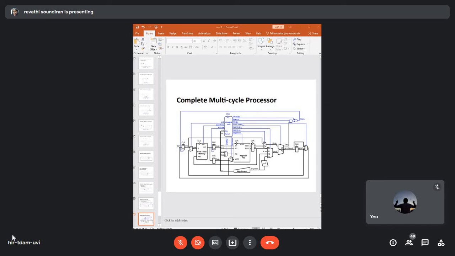Apart from that, compared to the single cycle processor, you have something like your IR write, your instruction register write, memory write, your PC write, your branch and register write. So all of these are the extra main controller signals with respect to your FSM. That is your multi-cycle processor, and similarly you have the function codes related to the ALU decoder also. So this is what the complete multi-cycle processor looks like when comparing with your single cycle processor.